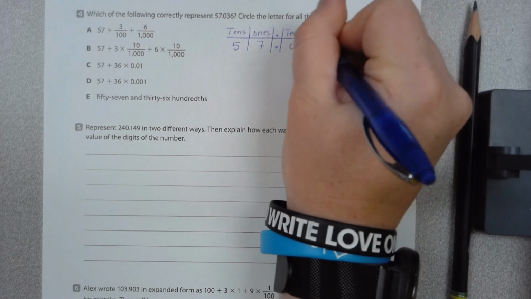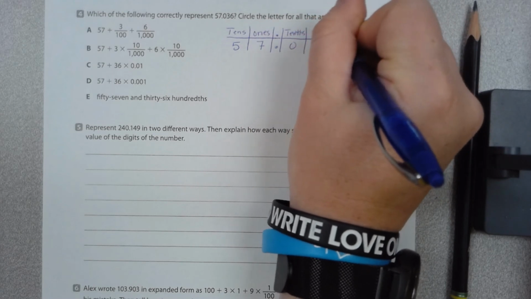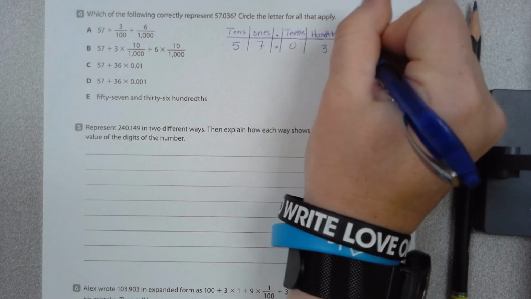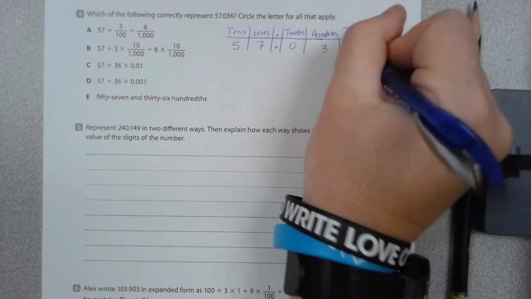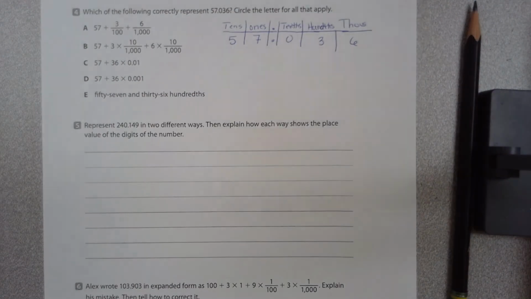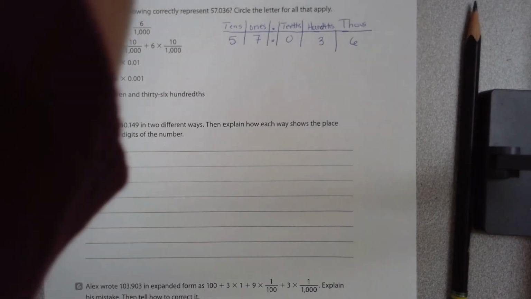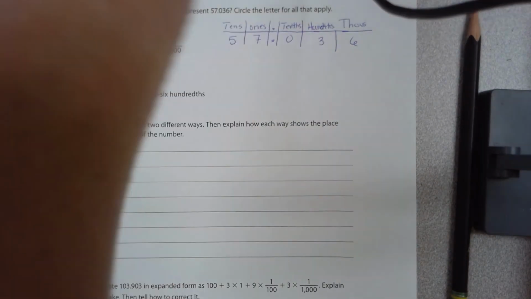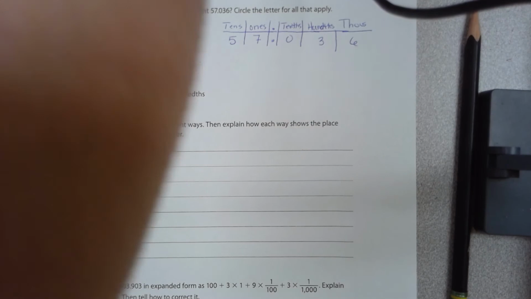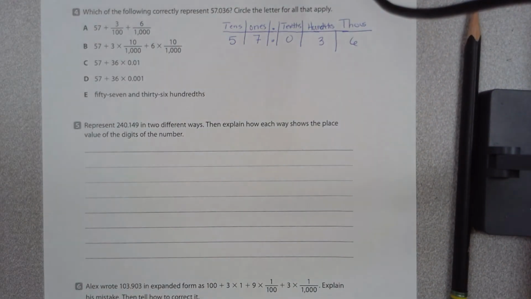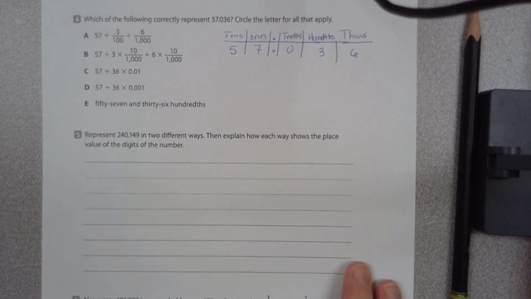Hundreds place is a 3. And the thousands is a 6. All right, now, this is going to be very helpful for when you're breaking down each of your answer choices.